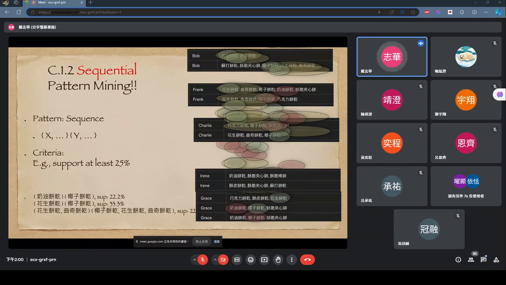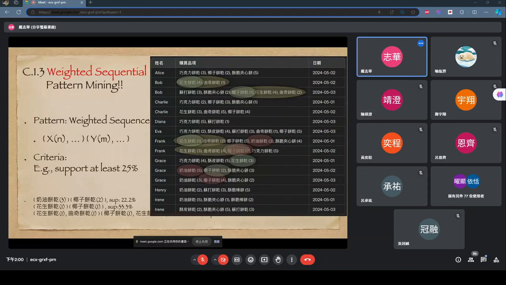If that is what AI said, that means you are not tackling the data correctly. Okay. And yeah, in sequential pattern mining, we could give different weights to your products. So the format of the pattern could change.